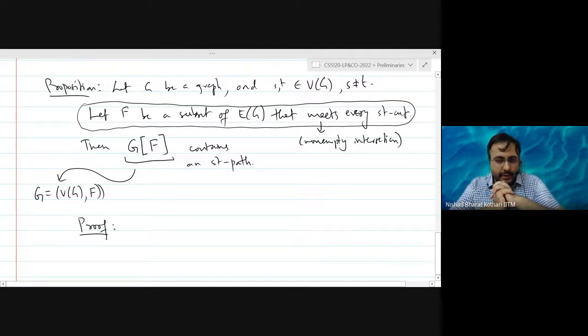Let's start by contradiction. Supposing there is no ST path. Let's start at the vertex S, and let's assume that there is no ST path. What we want to do is, if there is no ST path, we want to be able to find a cut such that the set F does not contain any edges from that cut.